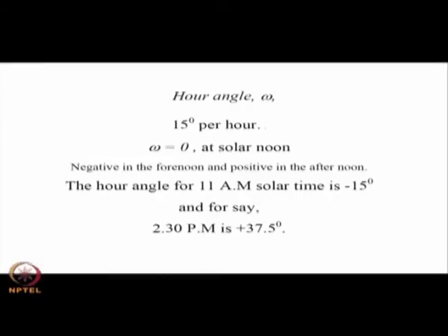Some books write the other way around also, but what we follow is like as I gave an example, 11 a.m. solar time, our angle is minus 15 degrees, and 2:30 p.m. for example is plus 37.5 degrees.